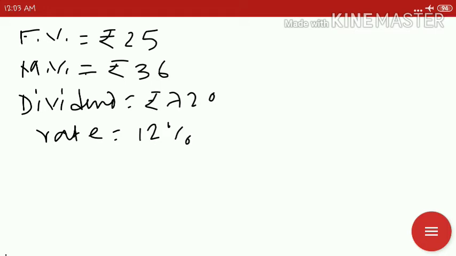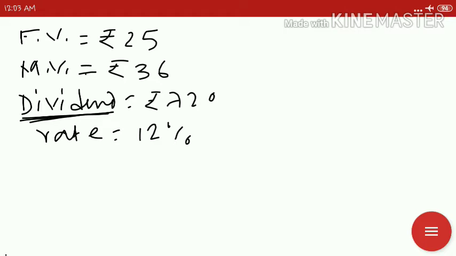Okay, so now there must be a confusion, which formula should we use to find the required things. In the previous video I mentioned that three formulas are most important. One is the investment, second is the dividend, and third is the return percentage. You have to find out of these three which is given. You can see that here the dividend is given. That means we have to use the dividend formula, right?